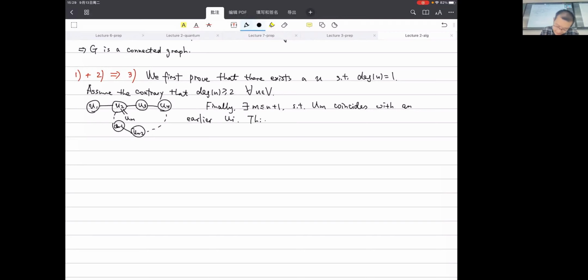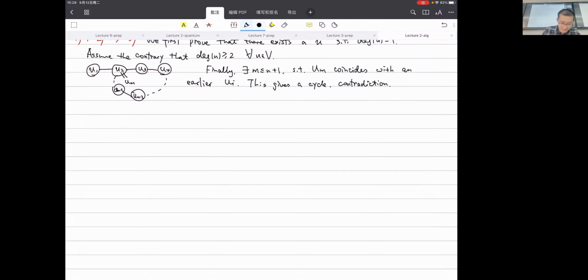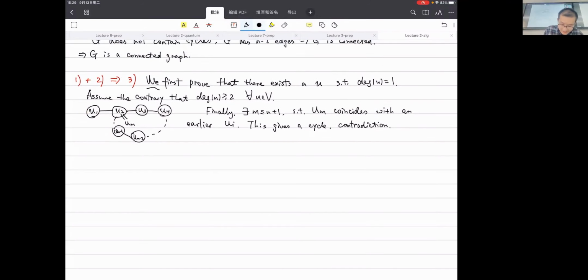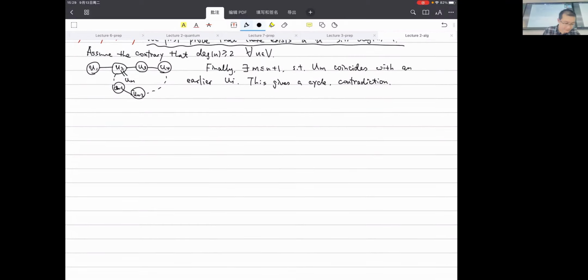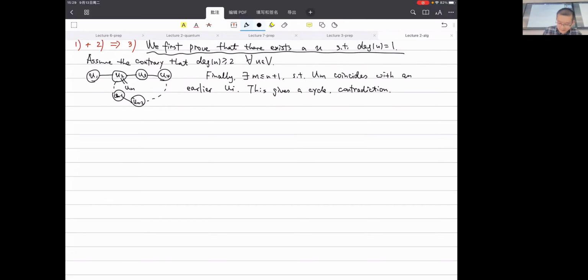But this actually gives a cycle. Contradiction. So this is still correct that there exists a u such that the degree of u is exactly 1. So then we are good.